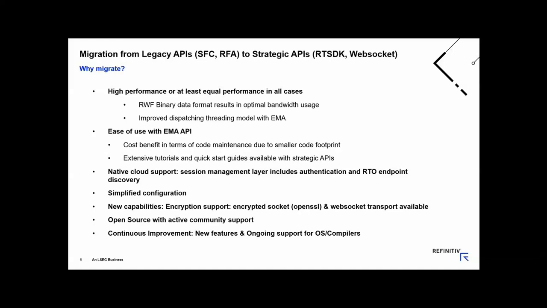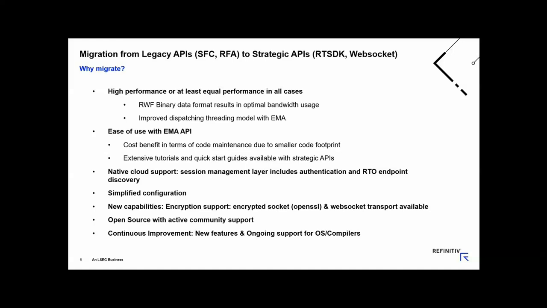We do have, of course, ongoing support and new features added into the strategic APIs, specifically things like Red Hat 8 support or Visual Studio 2019, or making sure that this is qualified on the newer operating systems as soon as they are available.